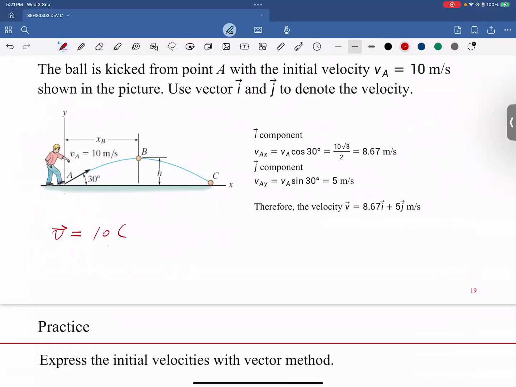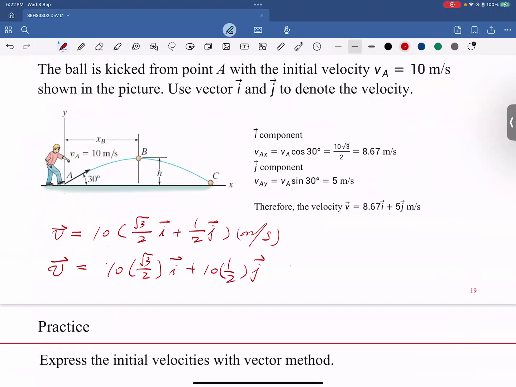This is 10, right? Root 3 over 2 i plus 1 over 2 j meter per second. So then you can expand it. So v is 10 times root 3 over 2 i plus 10 times 1 over 2 j meter per second. Finally, you can calculate both of them, and you can get the answer like this.